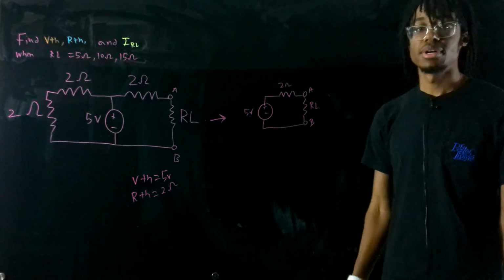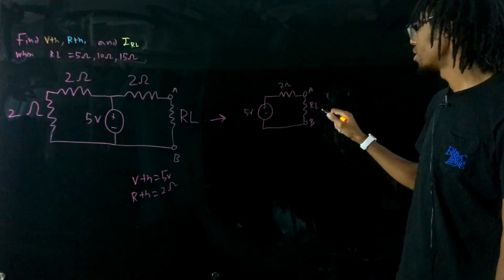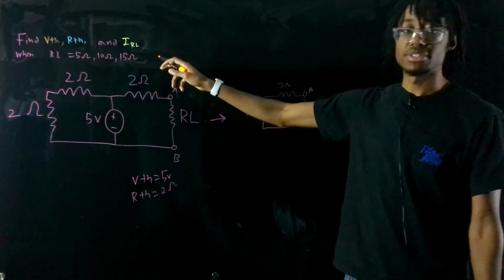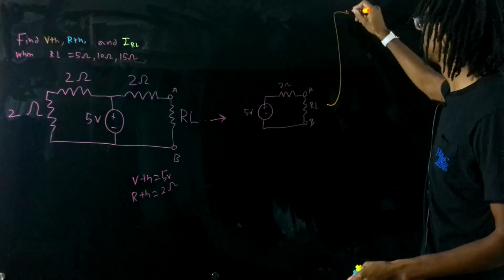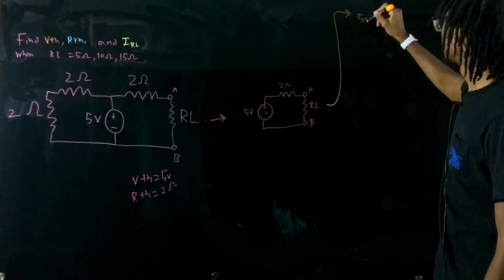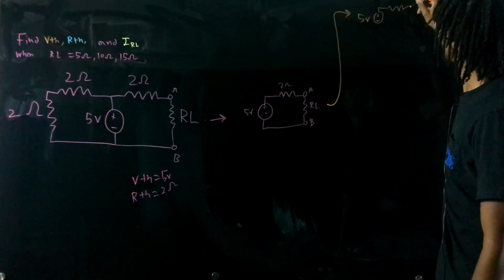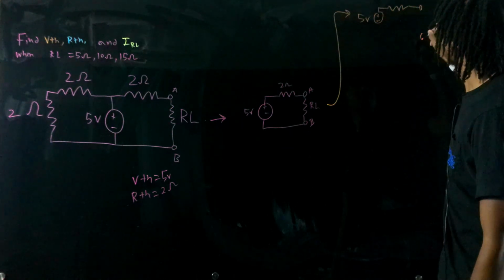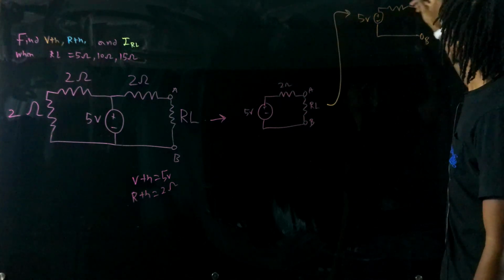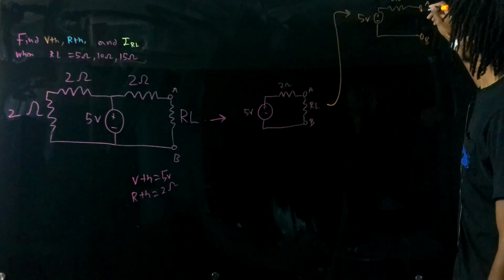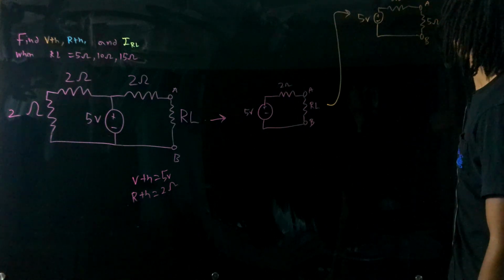So our next step is to solve the circuit with RL equal to 5 ohms. And after we solve, we're going to want to find IRL. So first, we'll redraw our circuit, 5 volts. Then we'll have A, B, our 2 ohm at the top, and RL is now equal to 5 ohms.